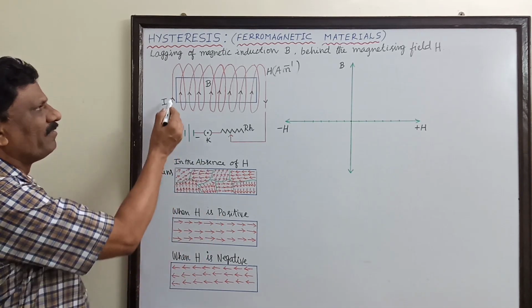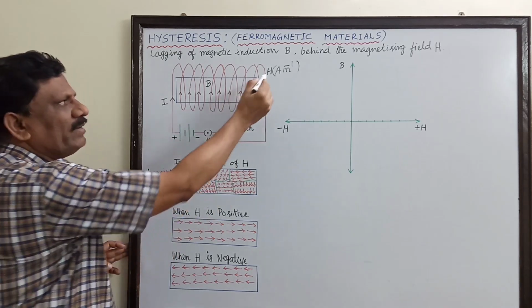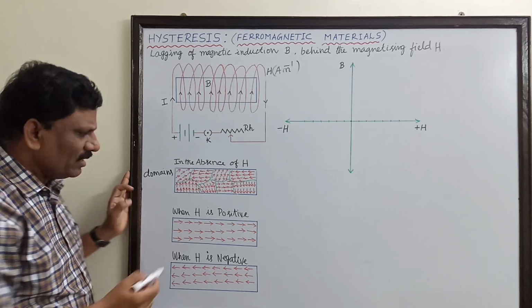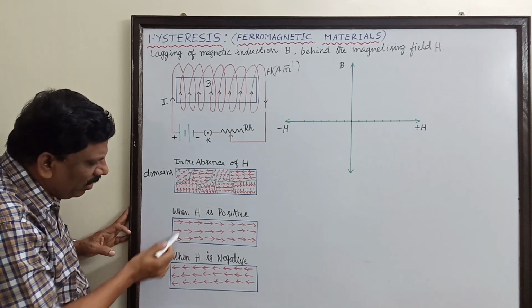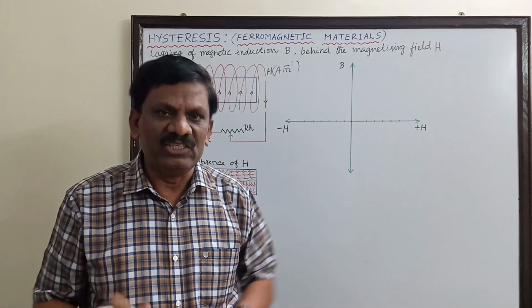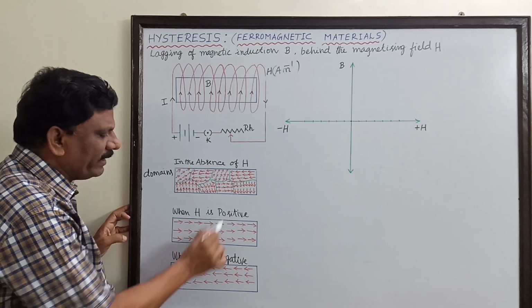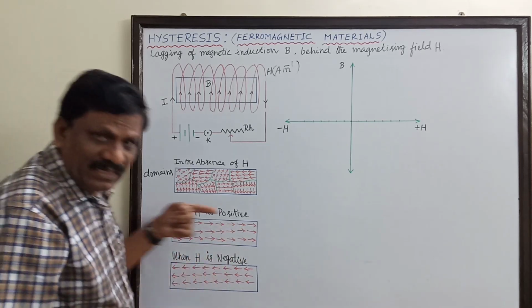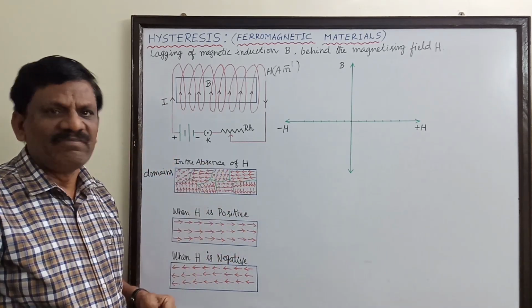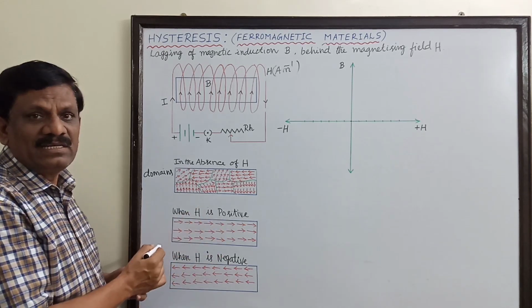That is, the left end of the coil is positive, the right end of the coil is negative. So when H is positive, all the domains will vanish. Understand? And all the atomic dipoles will orient themselves in the direction of the external magnetizing field. Okay? So this is the first case.